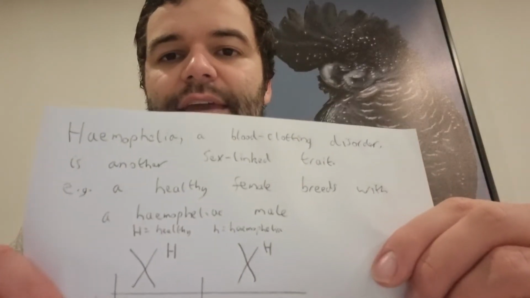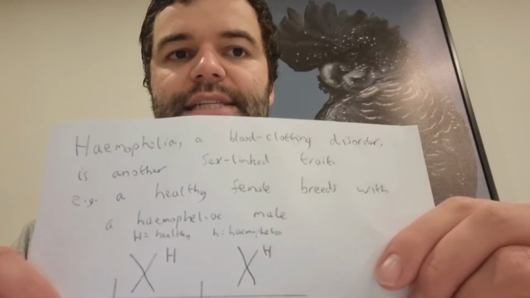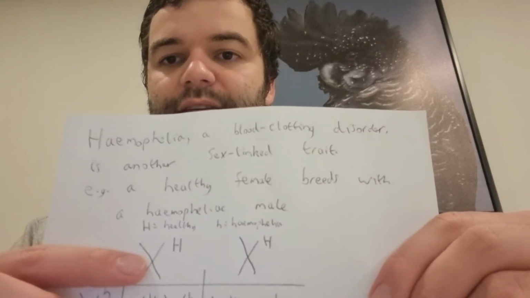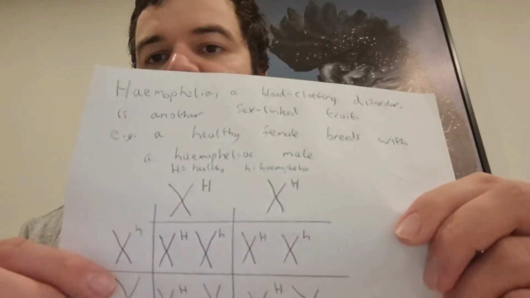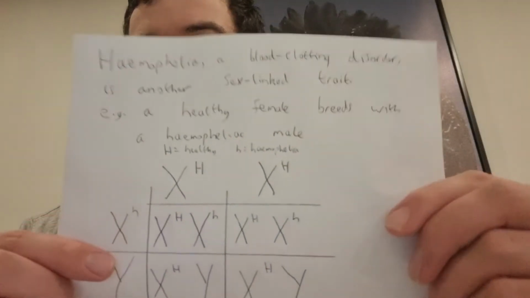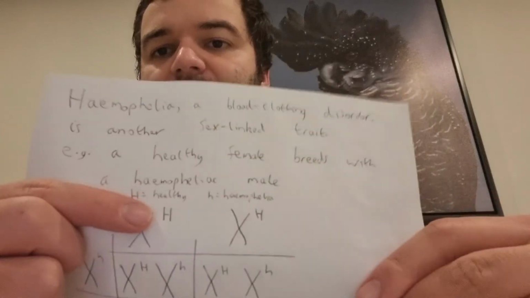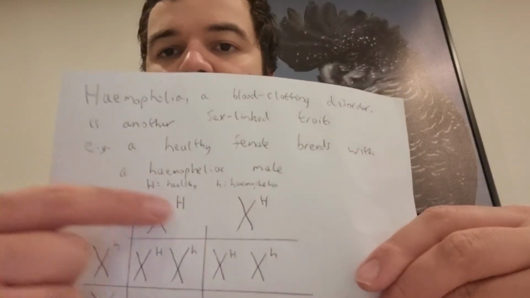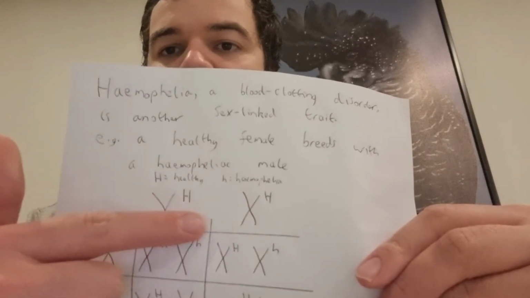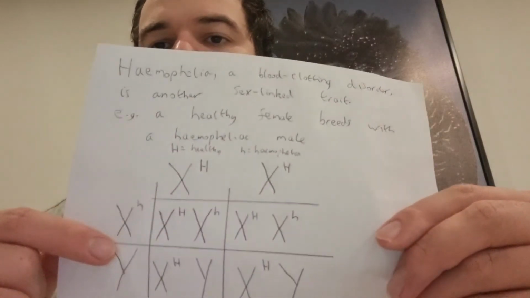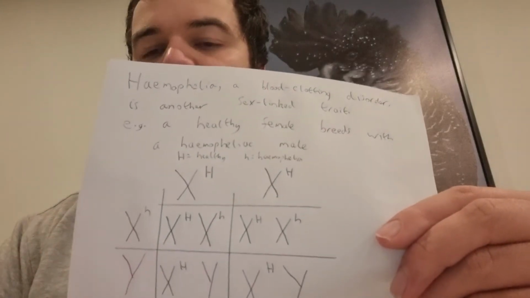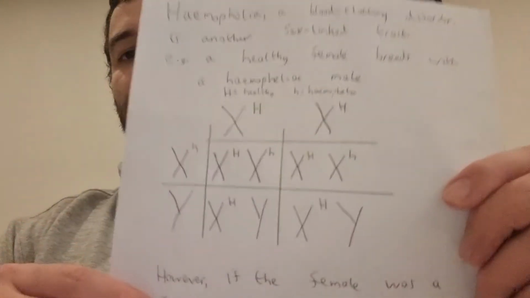So the first example that I'm doing is a female who doesn't have haemophilia breeding with a male who does have haemophilia. So the female is X capital H, X capital H, indicating both X chromosomes carry the allele for not having haemophilia. The male is X lowercase h Y, indicating that he does have haemophilia.